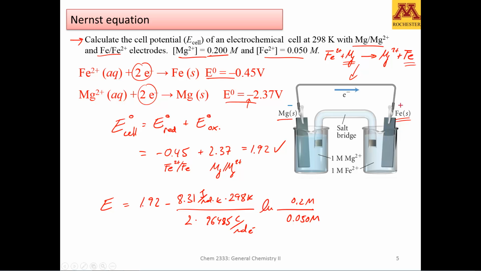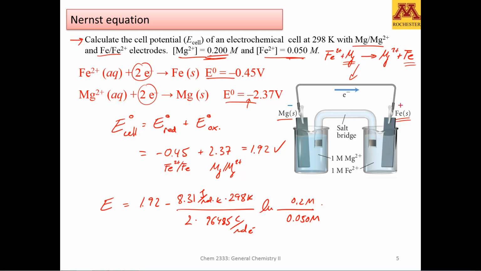Okay. Now let's think about if this term will be positive or negative. Well, actually, we have more products than reactants. If we have more products than reactants, by Le Chatelier, you may think that the reaction is going to go backwards, or at least backwards compared to the standard conditions.